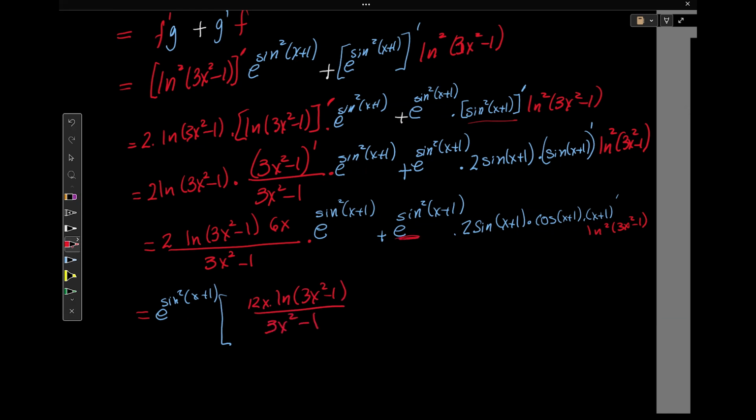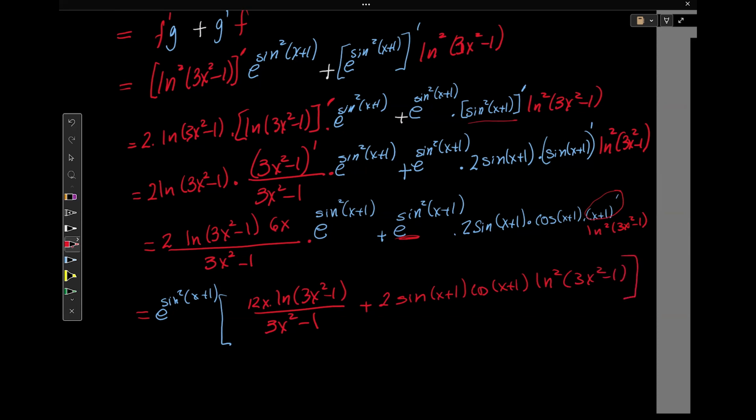I factored this guy out, so now I have 2 sine. Now, what's the derivative of x plus 1 right here? Derivative of that is basically 1. So that will be 2 sine x plus 1 cosine x plus 1 ln squared of 3x squared minus 1.